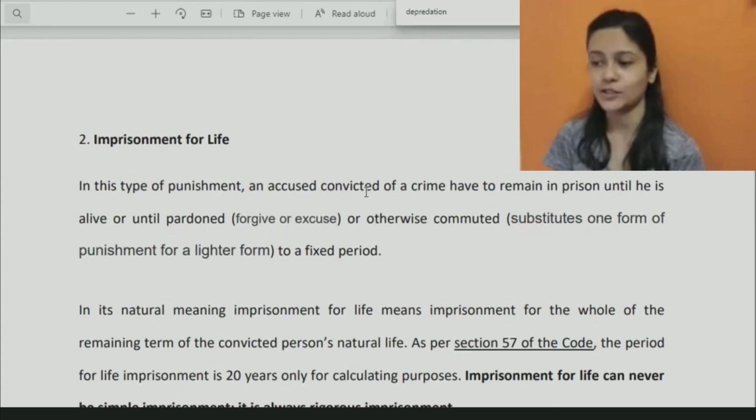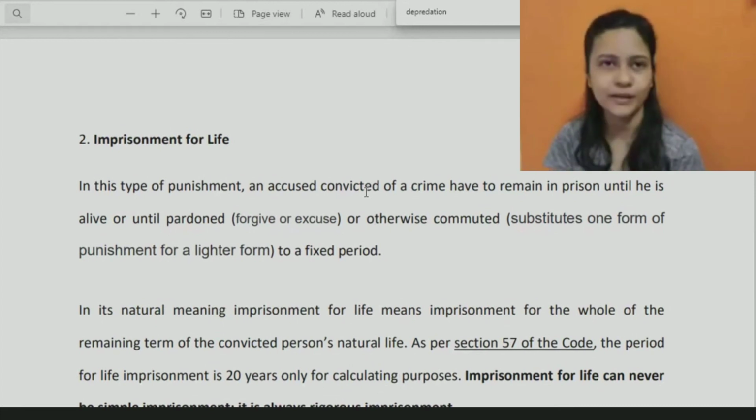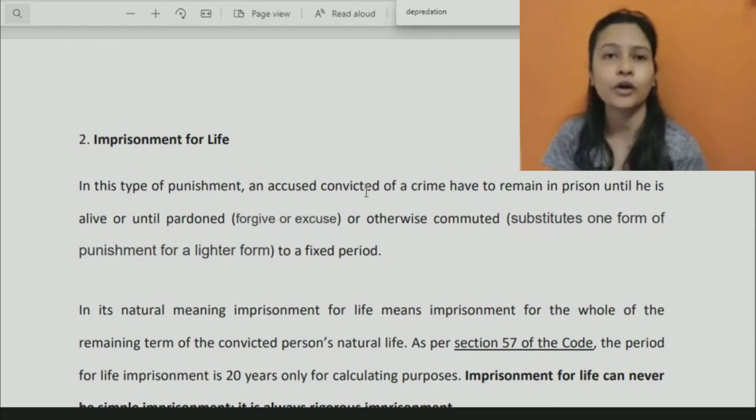It makes sense because prisons are already overcrowded. There are so many crimes taking place, so many people in prison, and it does not make sense, right? Keeping a person in prison for the remaining 60 years of life, when we are approving of the theory of reformation, that everyone can reform themselves.